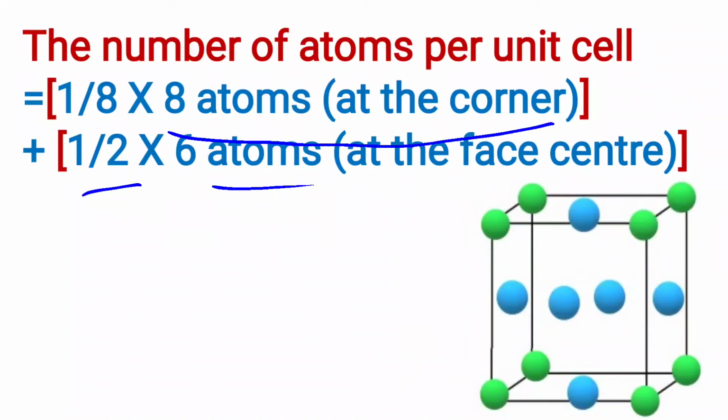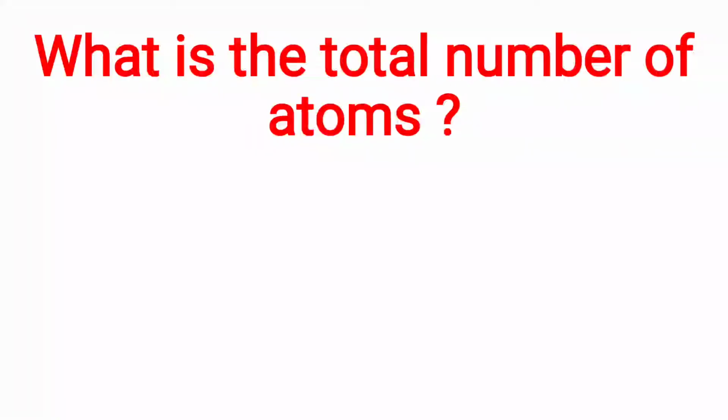So 1/8 into 8 and 1/2 into 6. That's going to give you 4. Right? So we have a total of only 4 atoms that should be taken into account in a face-centered cubic unit cell.